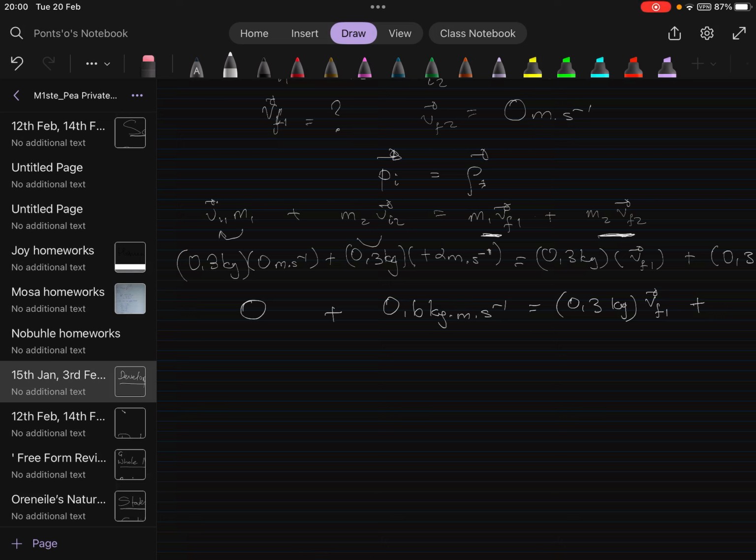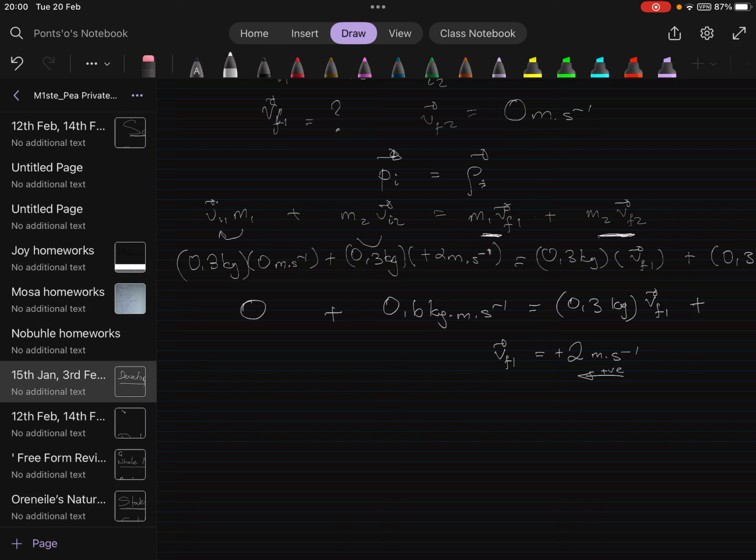That leaves us with 0.6 kilogram meters per second divided by 0.3 kilograms. Therefore, the final velocity of object 1, which is billiard ball 1, which is now moving, is 2 meters per second in the same direction that the first ball was moving in.